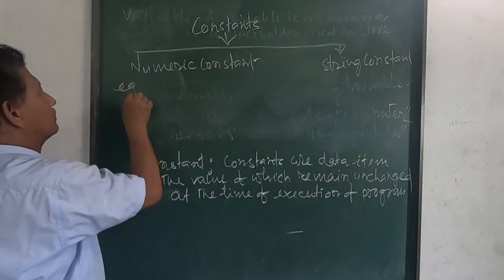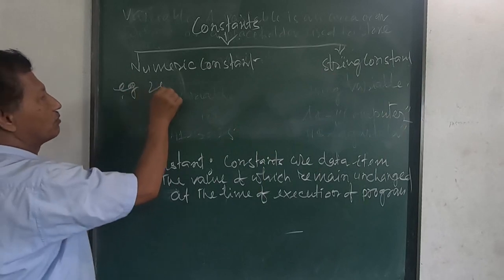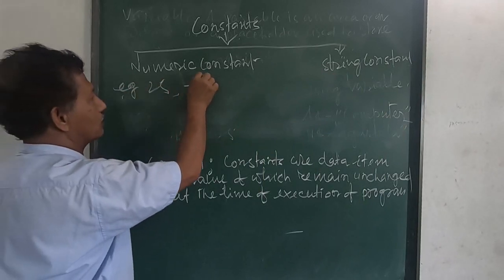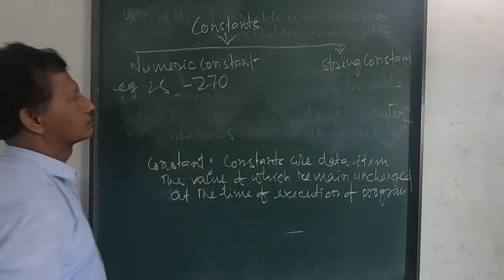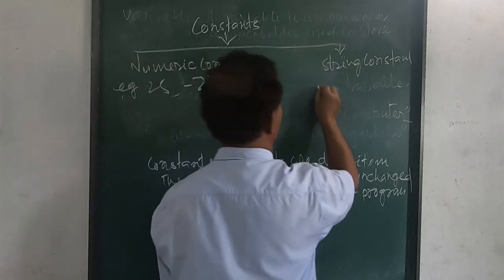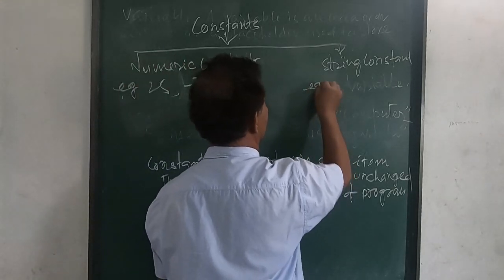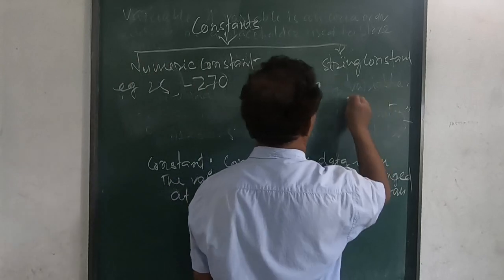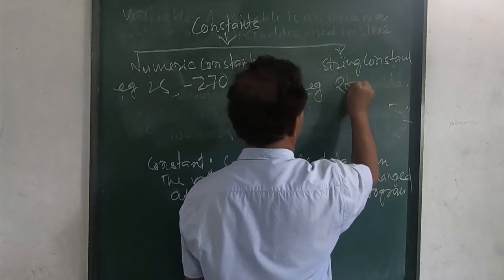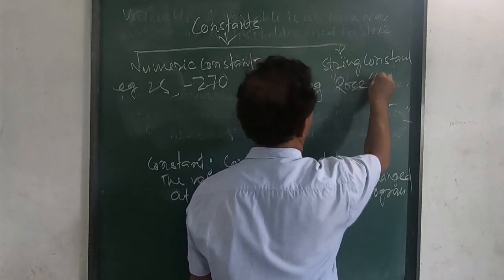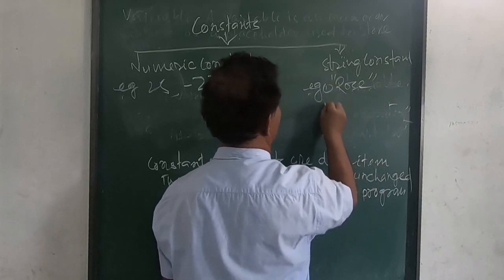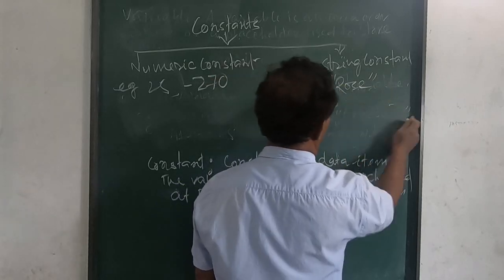Example: 25, minus 270. Then example: roses, number 2, Sunday.